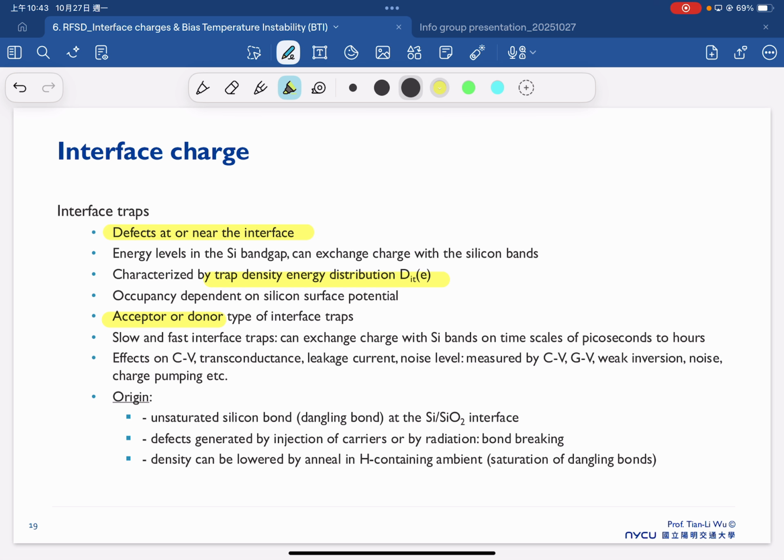We have acceptor type, and we have donor type. And slow and fast interface traps are all possible, with time scales from picoseconds to hours. And this will influence the CV, transconductance, leakage current, and noise level. And this interface charge is very often measured by CV or GV, that's the conductance method.